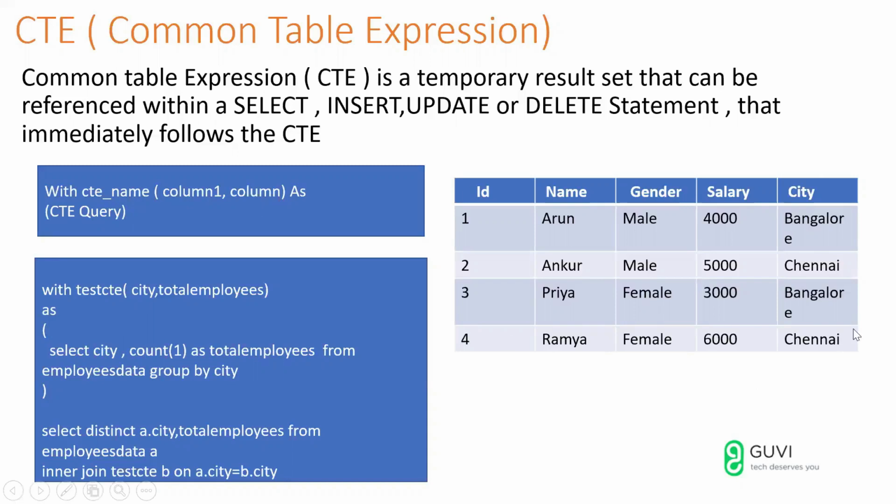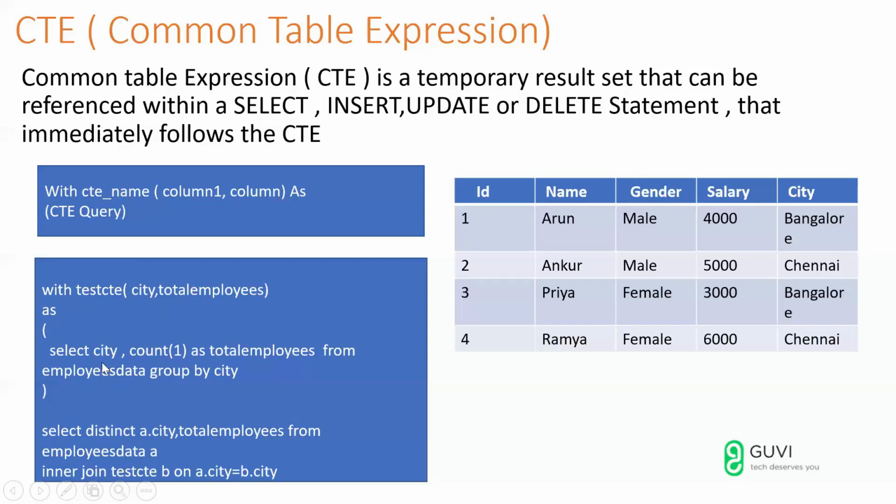So this is an employee table and I have got 5 columns inside it. Let's create a CTE on top of it and use it in the select statement. The CTE creation is with the name of the CTE, which is called test CTE. We have 2 columns, city and total employees, as output for the test CTE. The query inside the CTE is select city, count of 1 as total employees.